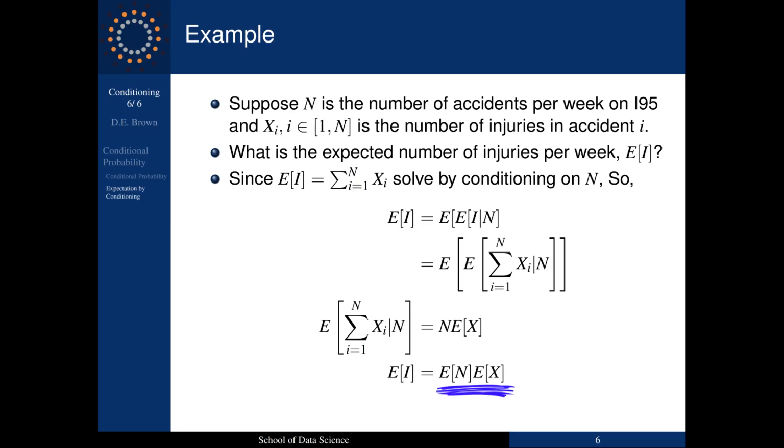So our answer is simply the expected number of accidents per week times the expected number of injuries per accident, which gives us what we're looking for, the expected number of injuries per week. When we multiply the two, that gives us the expected number of injuries per week. And this is an example of how we use conditioning to find expectations.